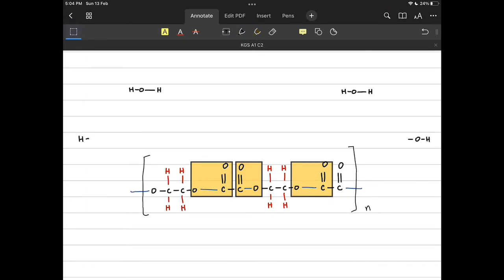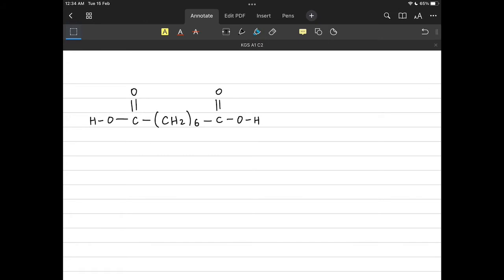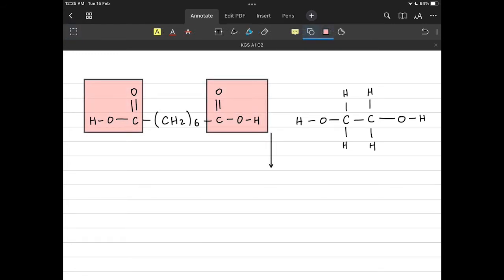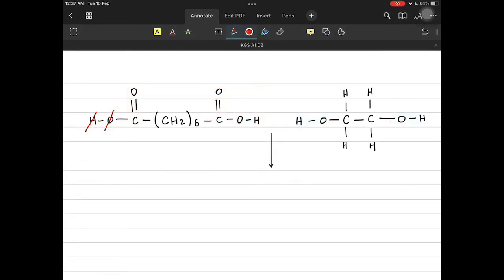linkages in the middle, and we can see that we can do multiple reactions like these. Like we have a molecule over here which has 2 carboxylic acids on both sides of the molecule, and we have this 2 carbon molecule again with 2 hydroxyl groups. Remember that the acidic parts and the alcoholic parts do condensation reaction. So the OHs are gone from the carboxylic acid functional group, and the H atoms are gone from the hydroxyl functional group.